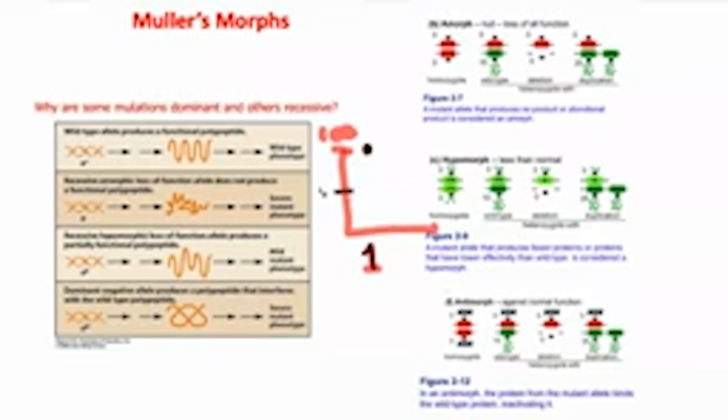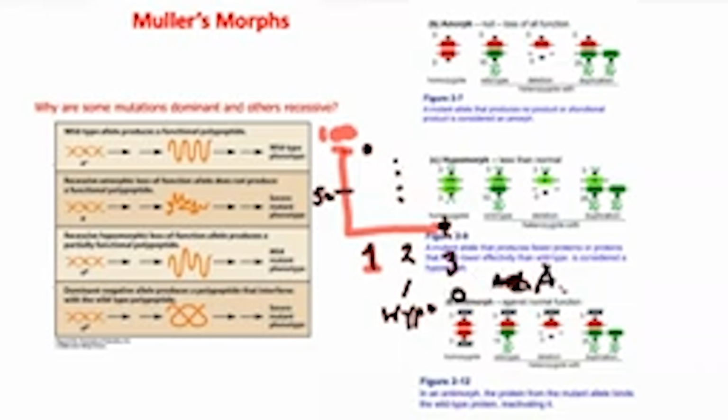If you see activity either here or here or here, that is two. That is a hypomorph. That is activity less than 100. Three is here, activity zero.